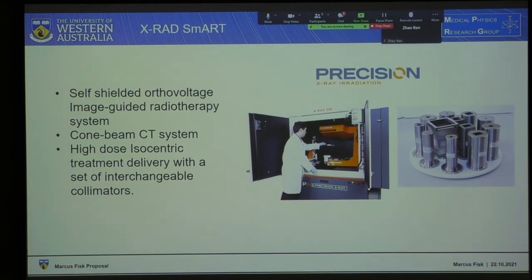It's a high dose rate isocentric treatment delivery that tries to mimic traditional radiotherapy procedures. It has a set of interchangeable collimators shown here, ranging from 1 millimeter diameter field size at isocenter to 4 centimeters by 4 centimeters square at isocenter.